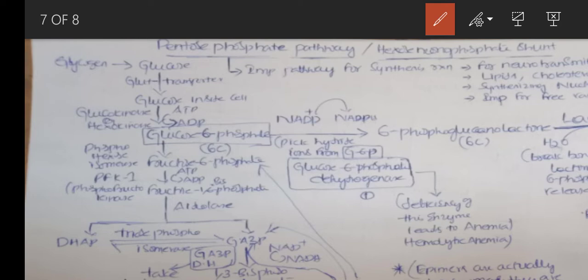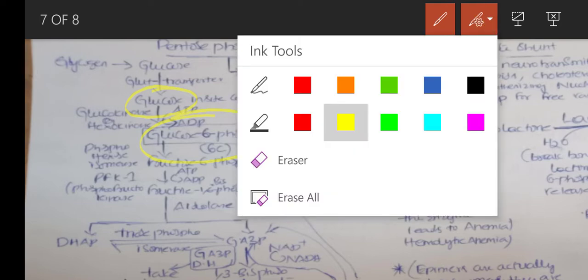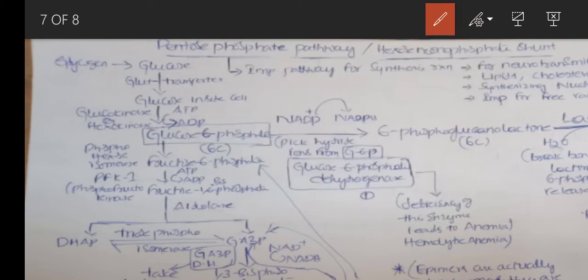What is kinase? Kinase is an enzyme which will transfer the phosphate group, or put the phosphate group, to a substrate. Here we are talking about glucose. To the glucose, the glucokinase will give the phosphate group and form glucose 6 phosphate. From where are we getting this phosphate? We already discussed in the glycolysis pathway: from ATP.